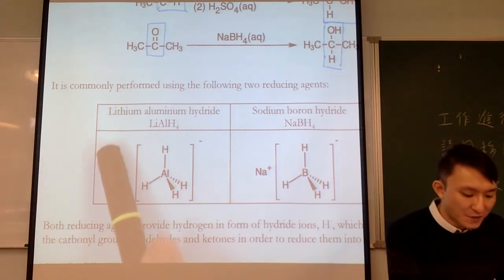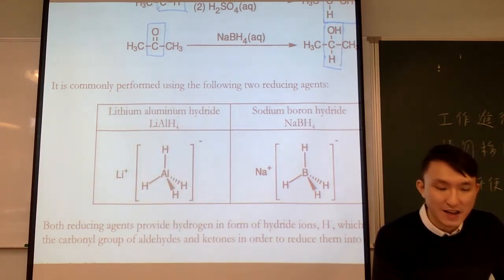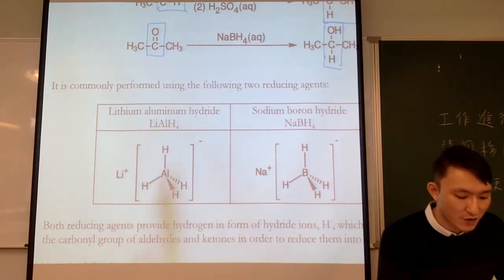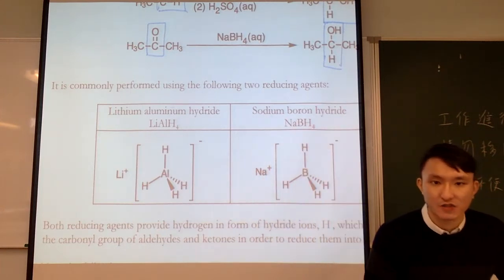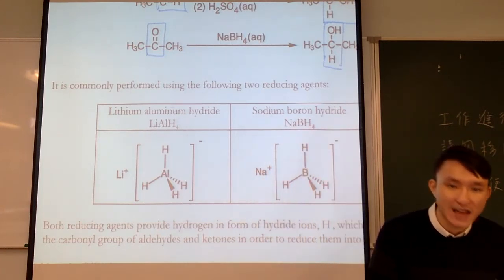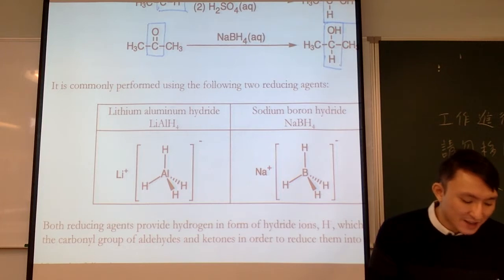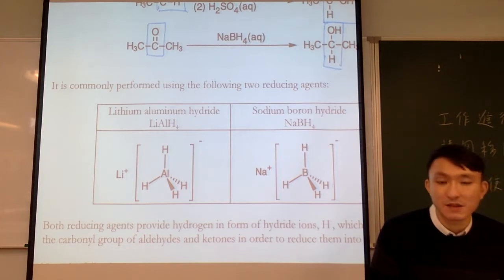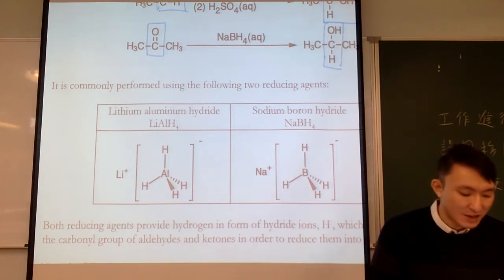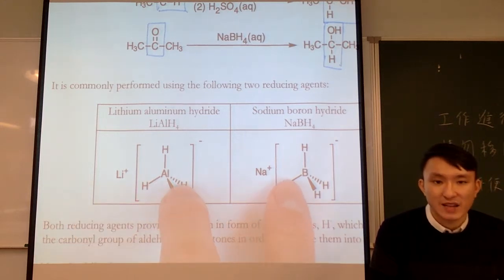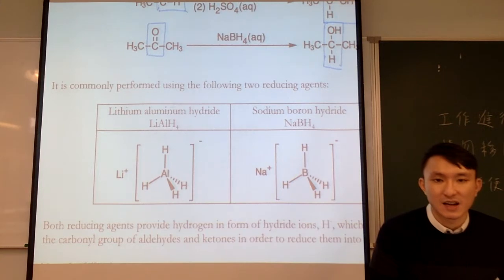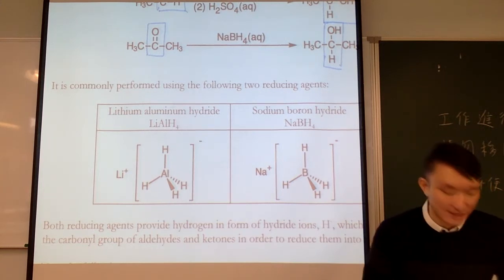We have lithium aluminum hydride, LiAlH4, and sodium borohydride, NaBH4. You notice they have similar structures. The only difference is the cation and the central atom of these molecular ions.